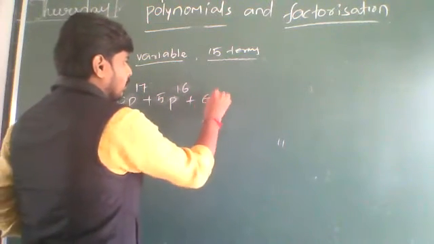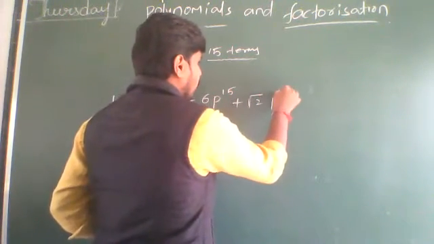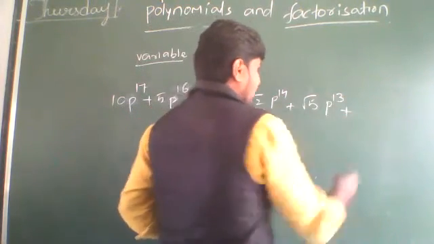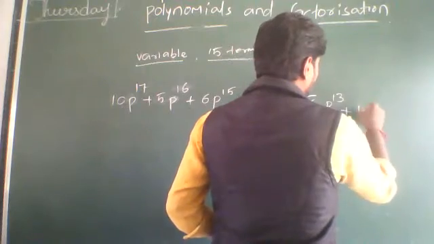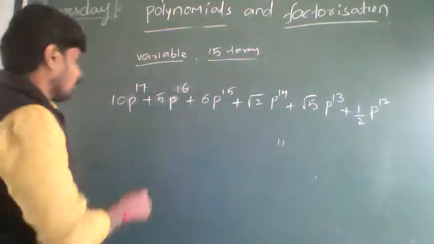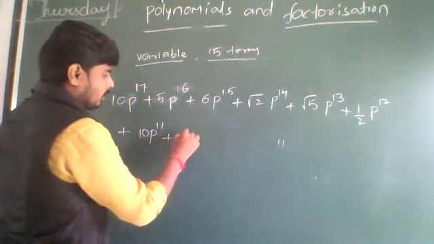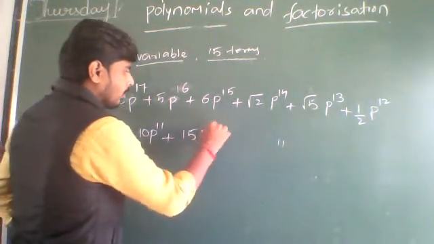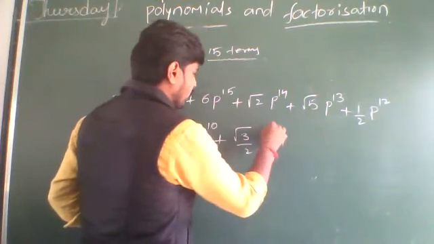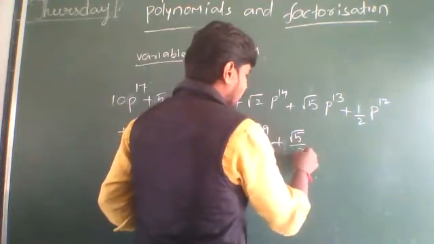Plus 6p power 15 plus root 2 p power 14 plus root 5 p power 13 plus 1/2 p power 12 plus 10 p power 11 plus 15 p power 10 plus root 3/2 p power 9 plus root 5/3 p power 8.